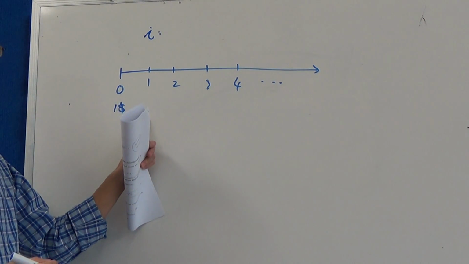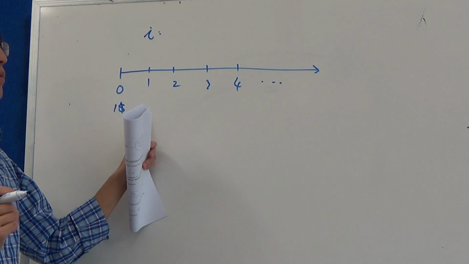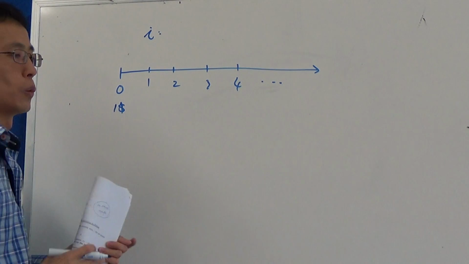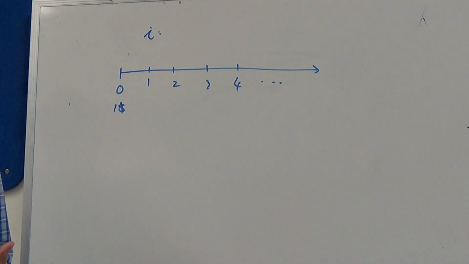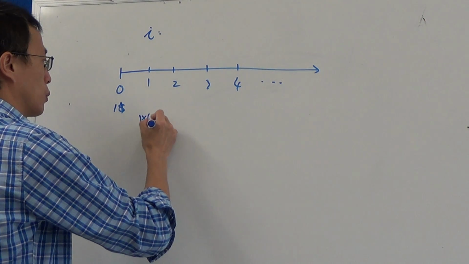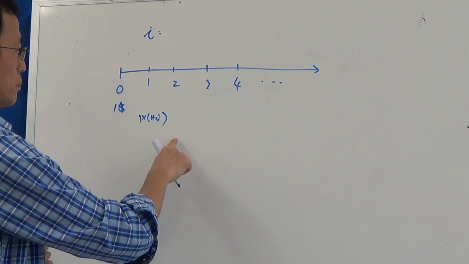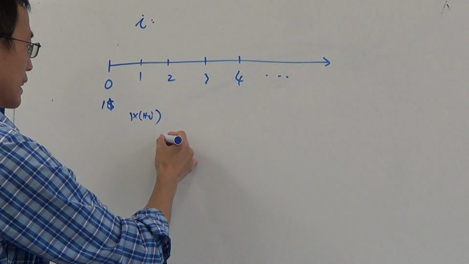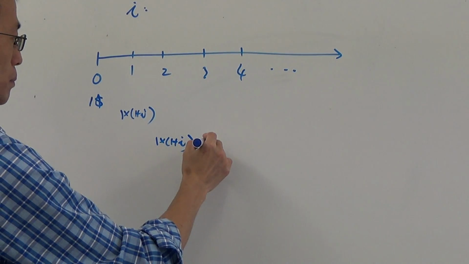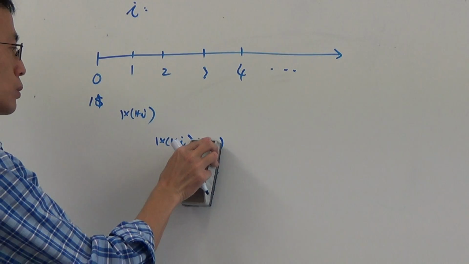Then in a year's time, what is the dollar amount you can have in your account? Clearly, it should be 1 multiplied by 1 plus i. In another year's time, in year 2, you get 1 multiplied by 1 plus i multiplied by 1 plus i, or just 1 plus i to the power 2.